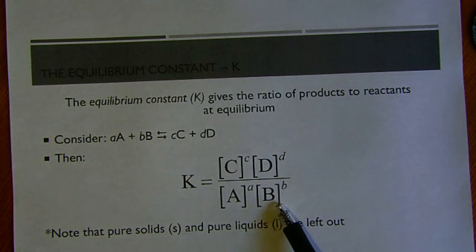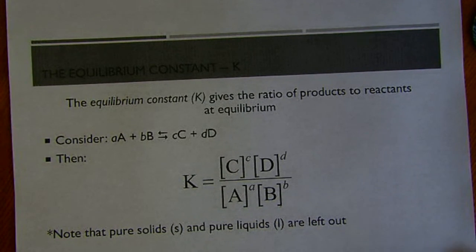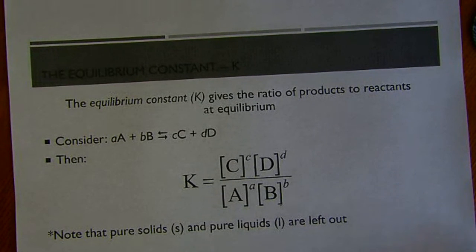The brackets mean concentration of. It's important to note that pure solids and pure liquids are left out of an equilibrium constant expression because those concentrations won't change with time.